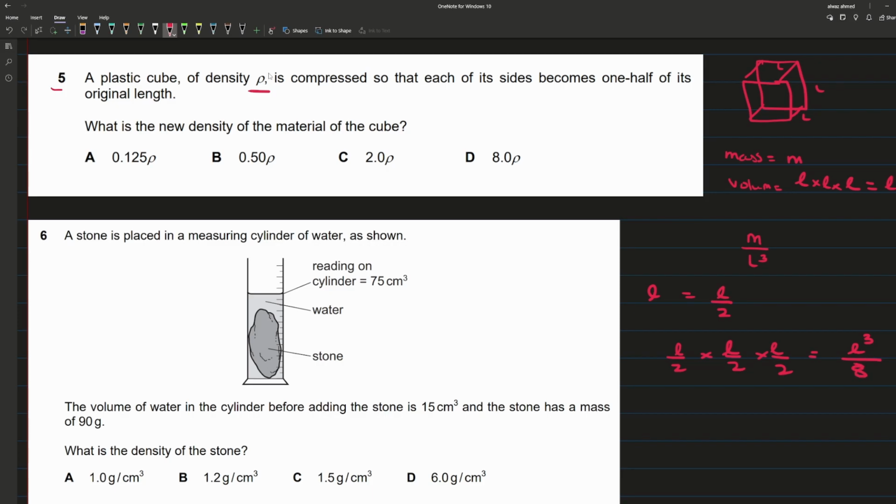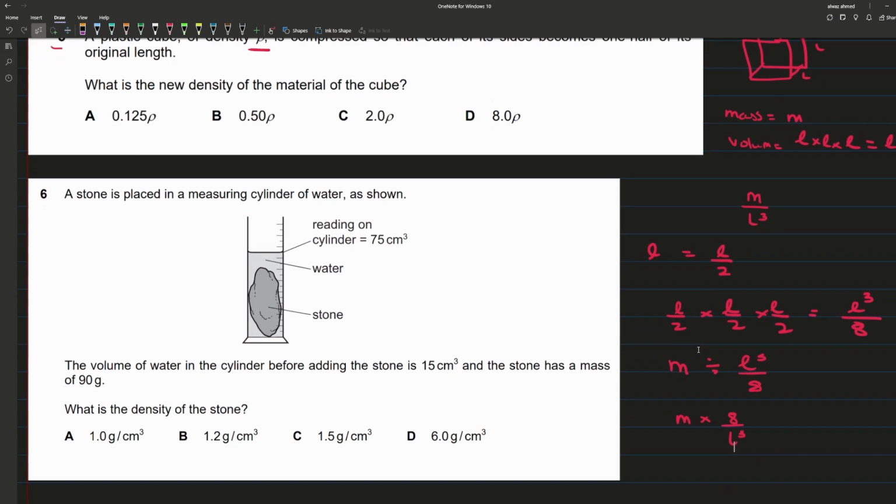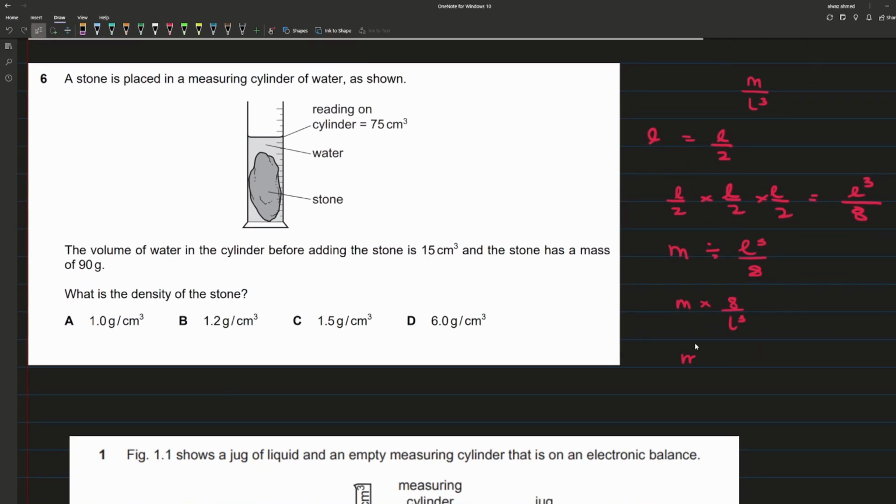Now the density for the compressed cube will become M divided by L cube over 8, and if we simplify this, we'll get 8M over L cube.